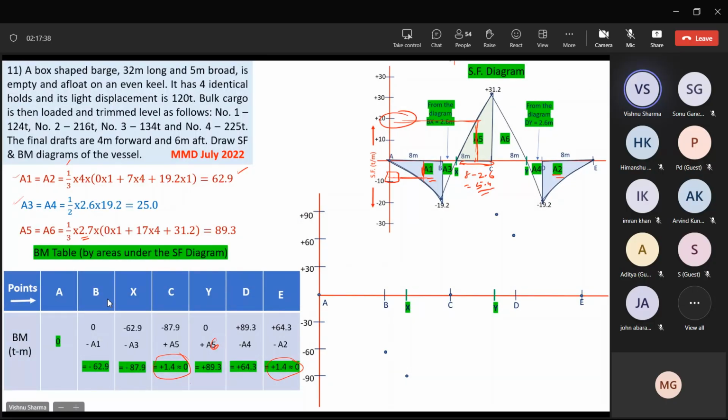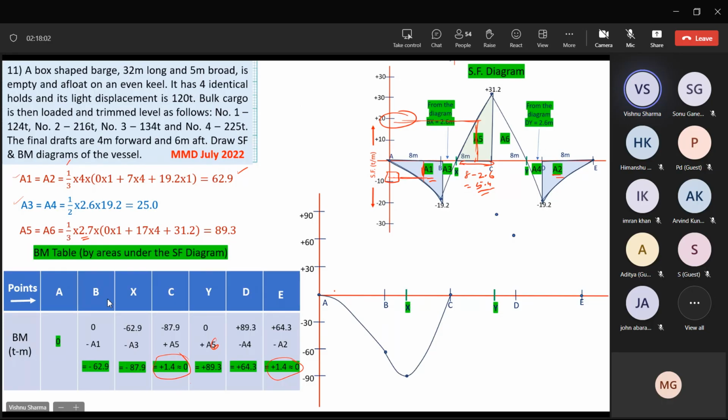And then we look at A to B. It is vertex to base, and next is base to vertex. So at X, it is going like this, beta. Why?